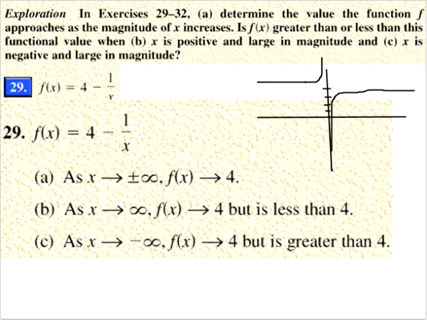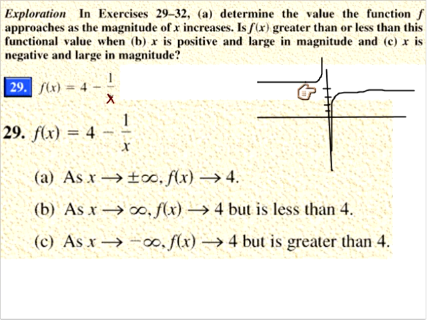All right, the next one. If you see a problem like this on your homework, it would be wise to draw a graph. So the first thing I did was draw the graph of 4 minus 1 over x on my graphing calculator. And I came up with something that looked like this. Right, what it's asking us is what number is my graph approaching from the top and the bottom?